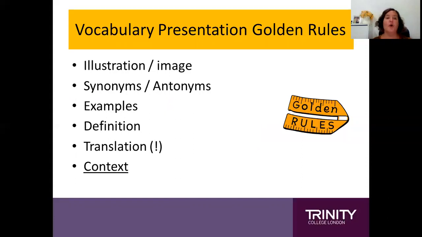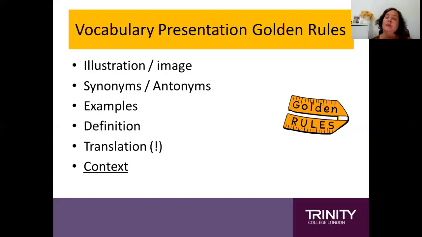What happens or how can we best present vocabulary if the new to be taught to our students happens to be words? Well, illustrations and images are always a must. They will always help students understand the meaning of new words in a much more direct way.